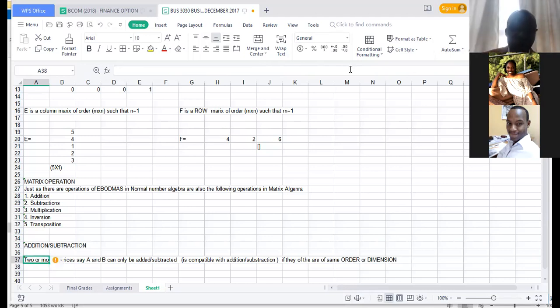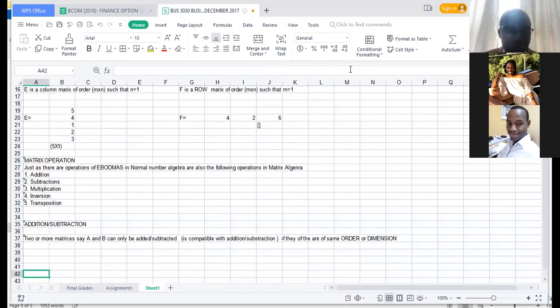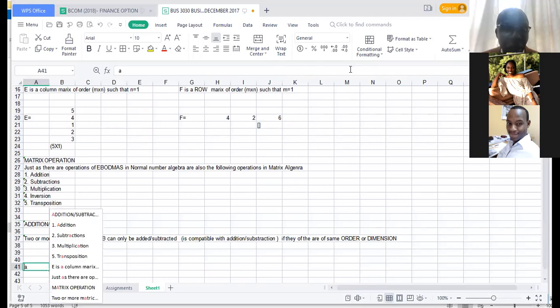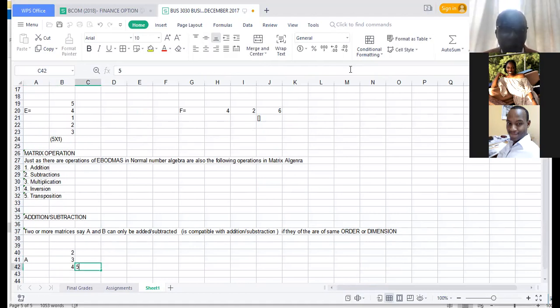For example, let's take A. I'll just pick any square bracket matrix: 2, 3, 4, 5, 1, 0. Remember, these elements can also be negative.